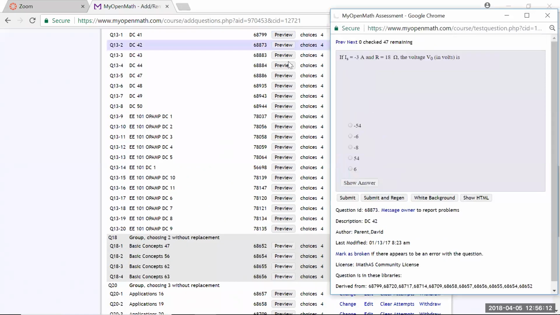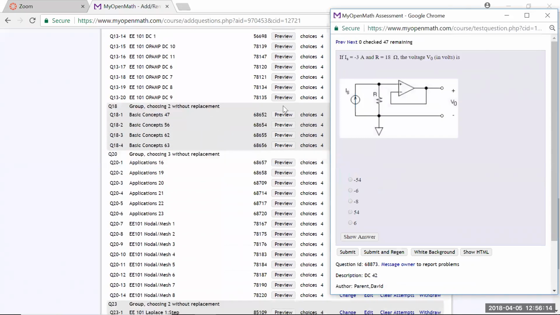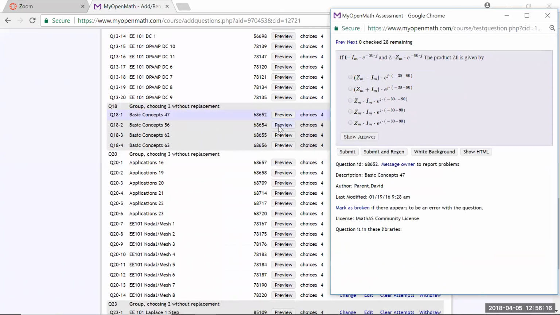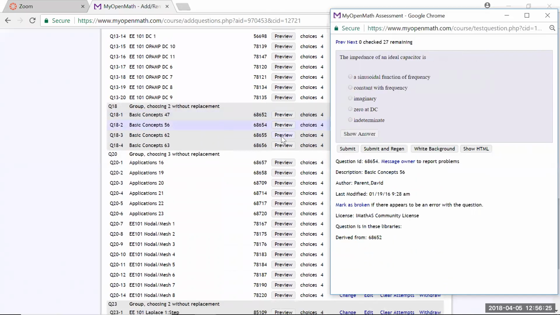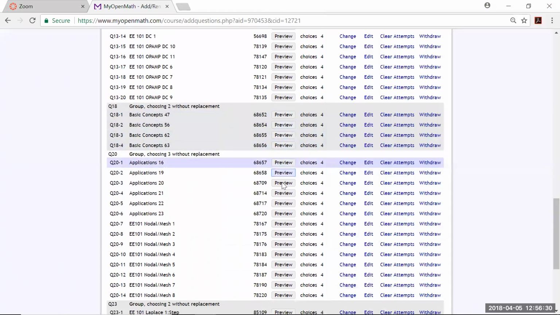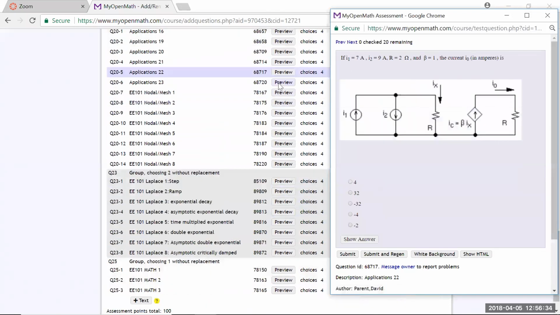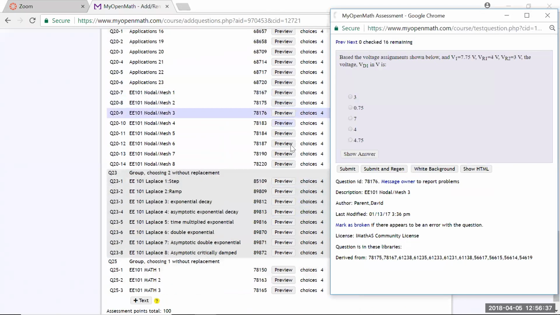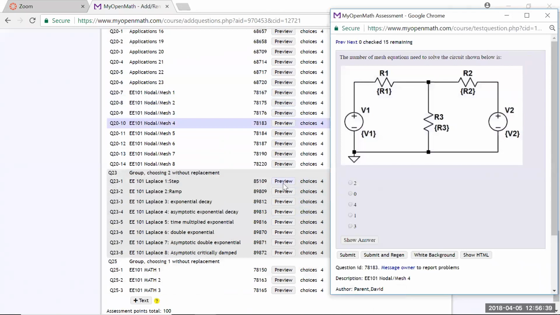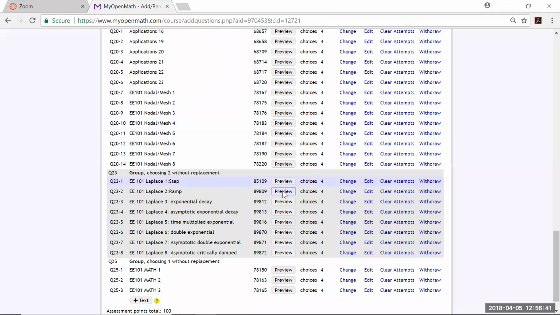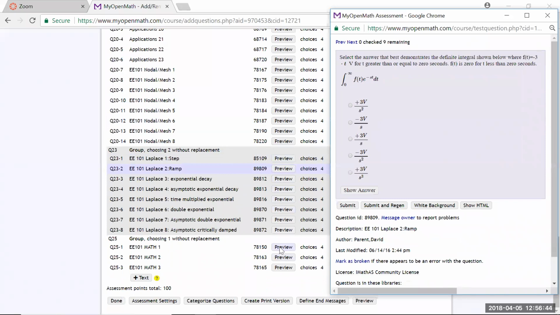A lot of the DCs or op amps. I'm just trying to think if there's the exponential polar coordinate system. I'm just trying to make sure there's no more complex numbers. We got some Laplace and the math.